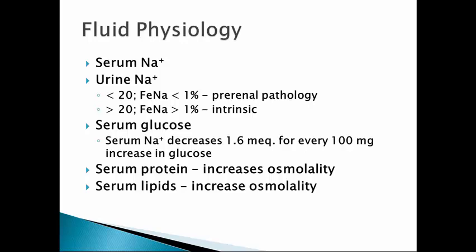So if it's less than 20 and the fractional excretion of sodium is less than 1%, then you know that the kidneys are working very hard to bring back that sodium because they're not excreting it. When the urine sodium is greater than 20 and that fractional excretion is greater than 1, then we know that the kidneys are letting the sodium out, or they're unable to correct our sodium level.